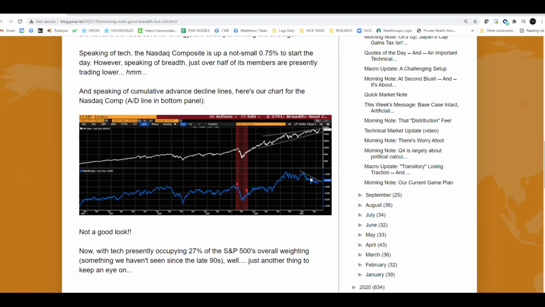But here you are with a very stark negative divergence in the breadth. So breadth is rolling over, which means, outside the FANG stocks, I suspect, things don't look so good overall, right? This is not all boats rising with the tide, and that is a very bearish indicator. It's not a sell signal, but it just basically says prepare yourselves for something not so good.